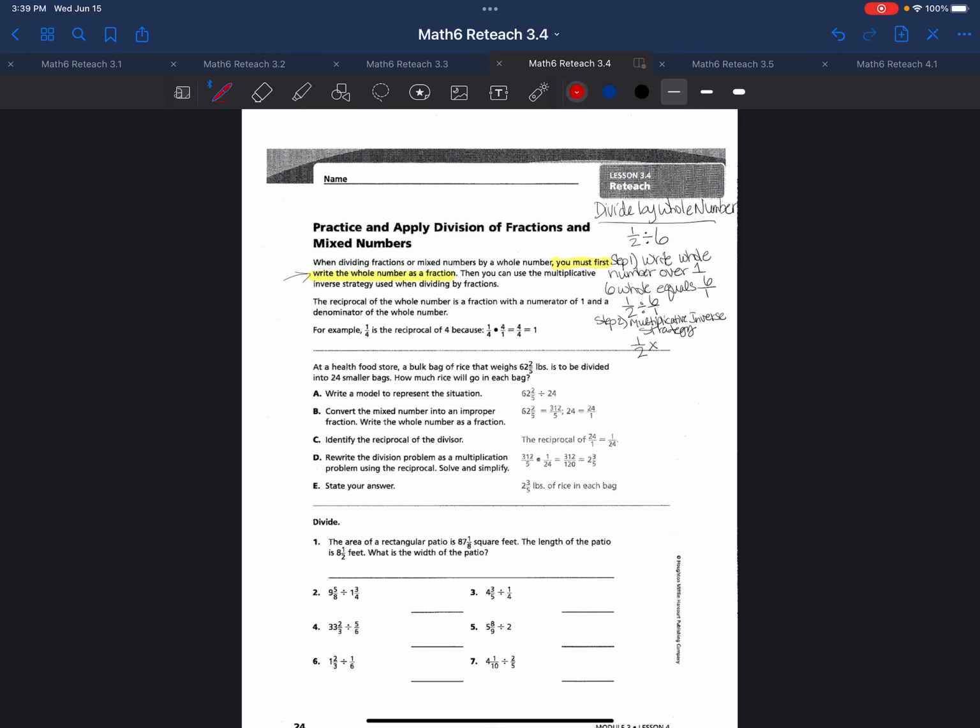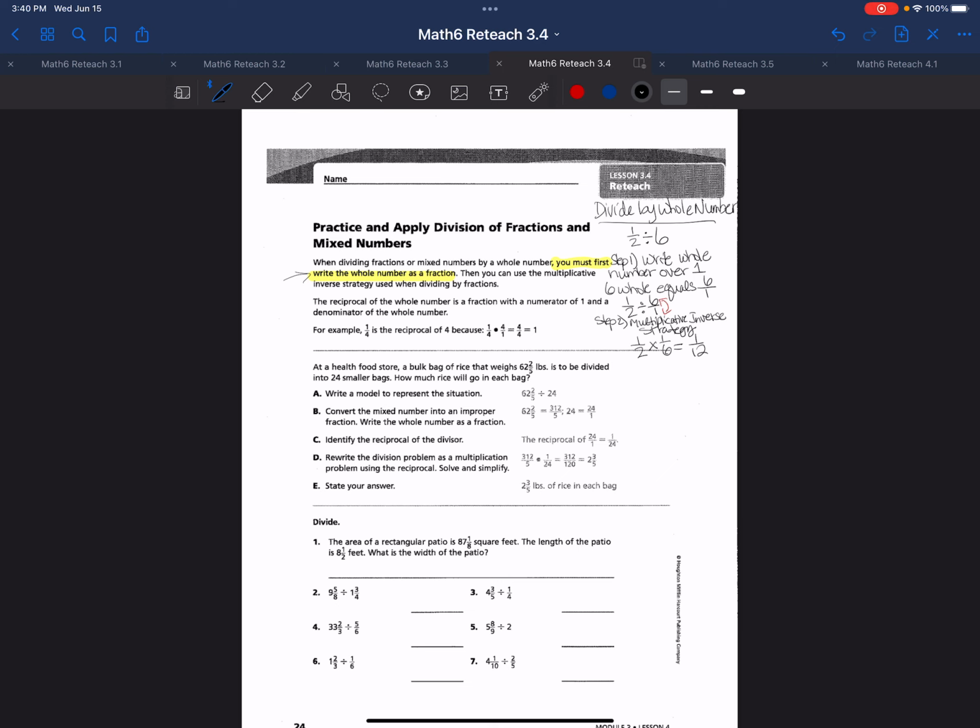Now we are going to take the reciprocal, and the reciprocal will be 1/6, and then we multiply across and we get 1/12. So again, step 1 is we need to write the whole number over 1, and then we need to use the multiplicative inverse strategy.